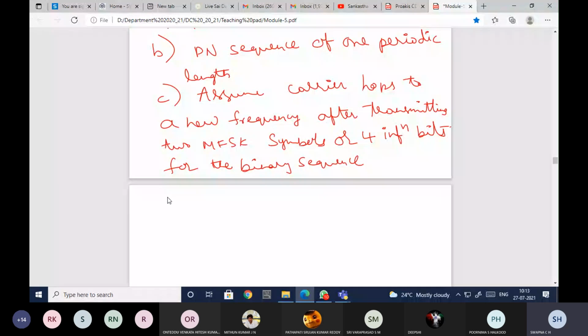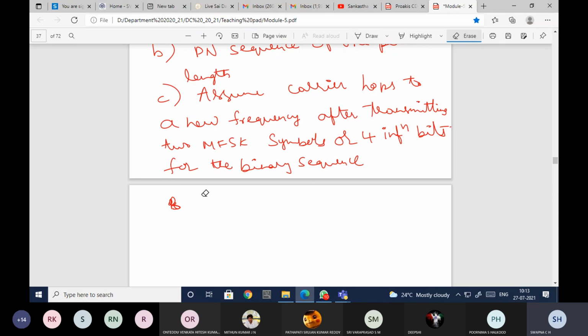Here he is giving the binary sequence. For the binary sequence, 1 0 0 0 1 1 0 1 0 0 0 1 1 1 1 1 1 0 0 1. This is the binary sequence given, which is nothing but the input to the modulator.